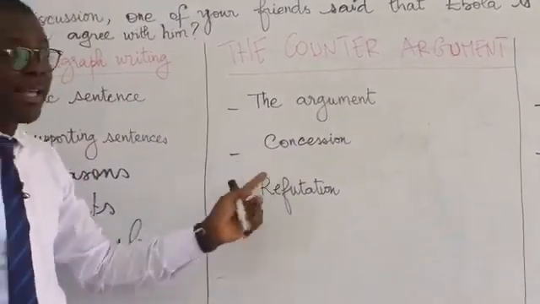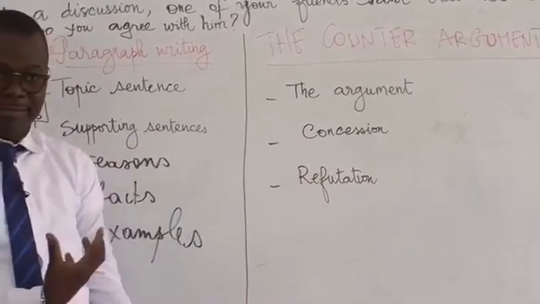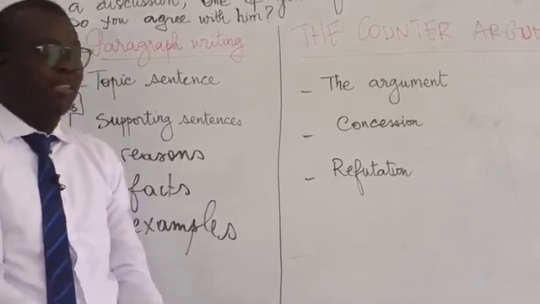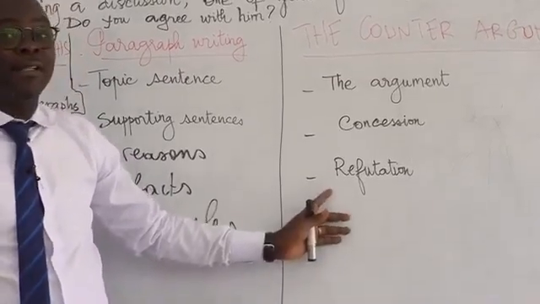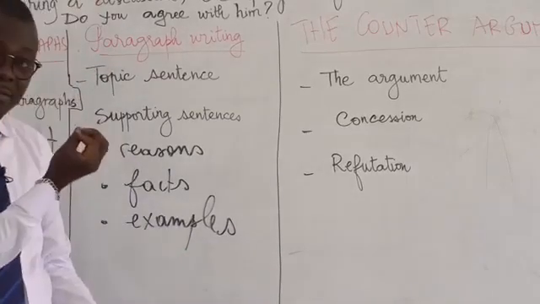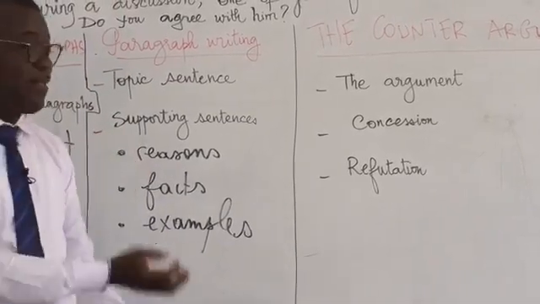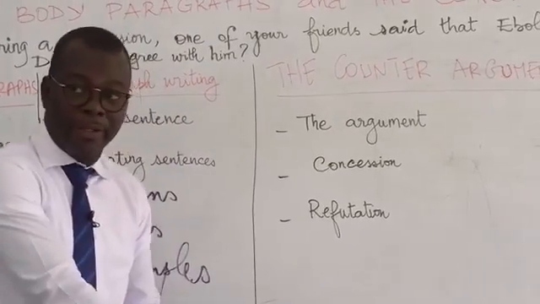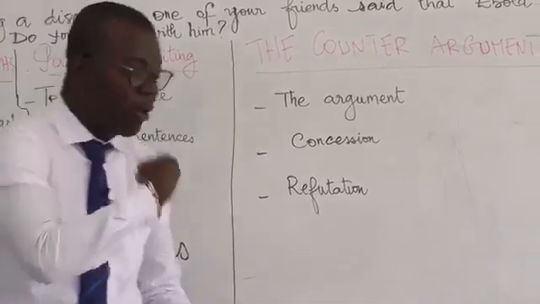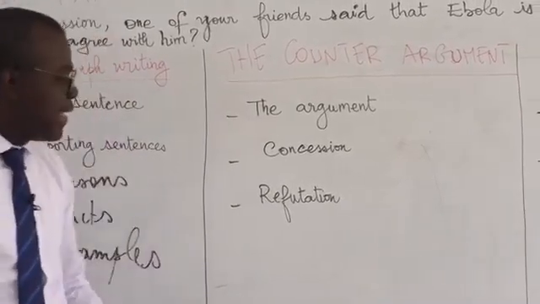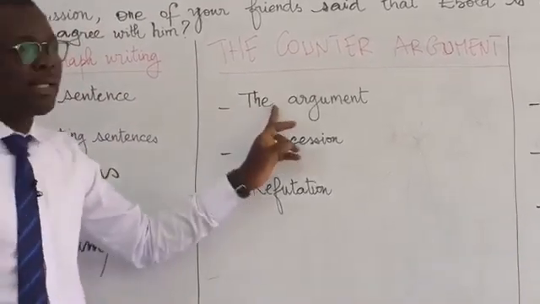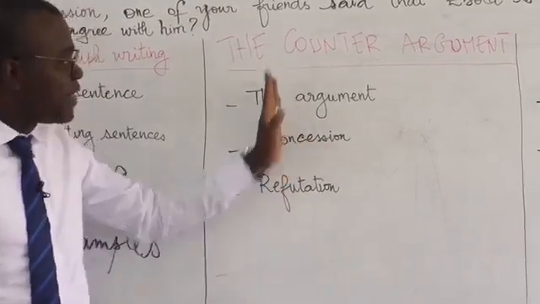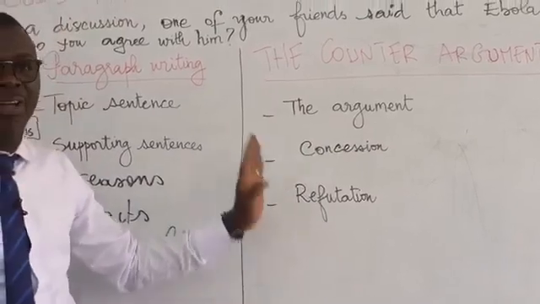And the concession is you admit that this can be understandable, and you go to the refutation, but you now try to come back to your opinion to show that your opinion, what you think, is stronger than what has been announced previously. So these are the stages of the counter argument.